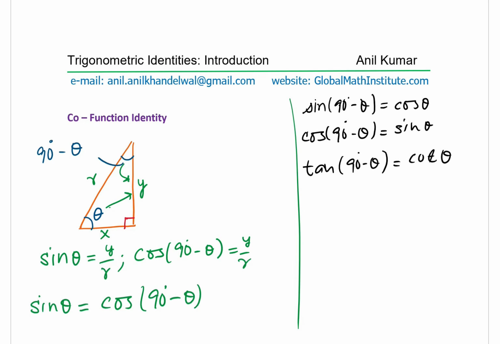Cotangent theta. Let's try to prove it. In this particular case, let's try to prove tan. If I'm looking for tan of 90 minus theta, you're looking from this side, right? This is 90 minus theta. So it is x over y.